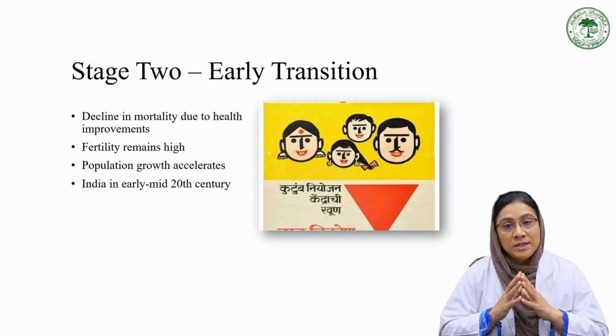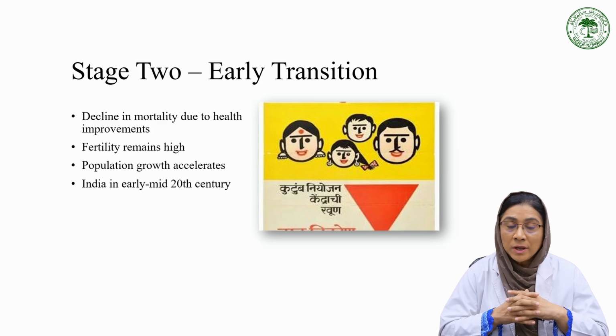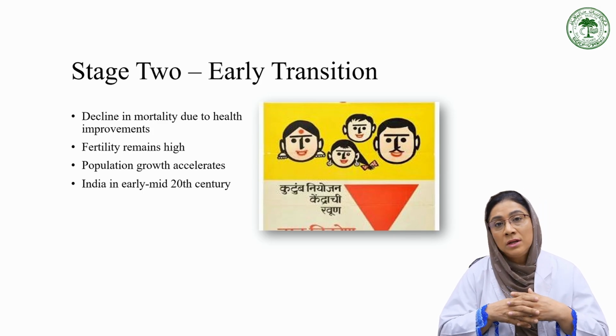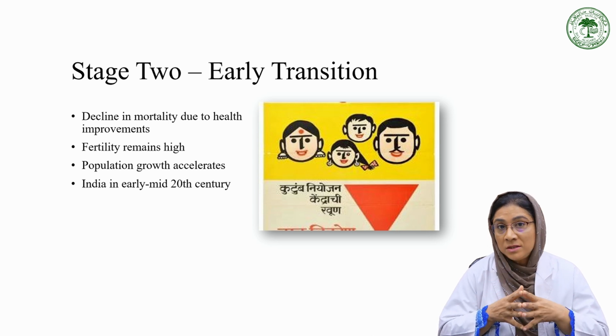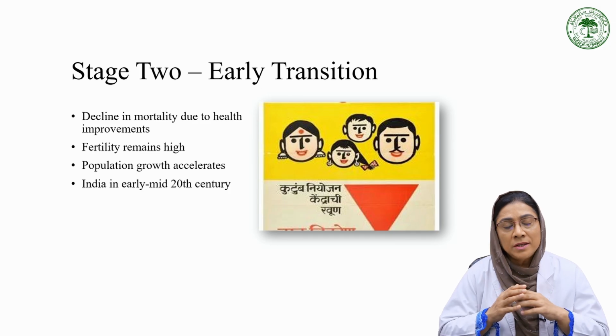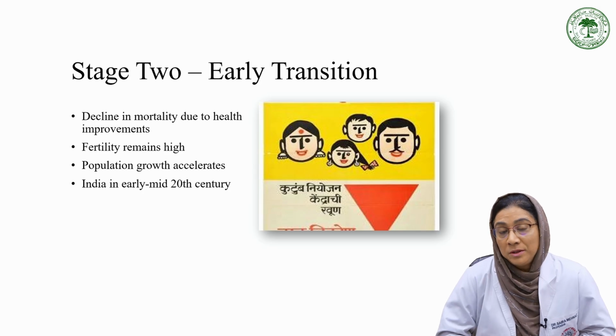Stage 2 is characterized by swift mortality decline driven by clean water, sanitation, vector control, antibiotics, and organized immunization measures, where fertility stays high because marriage patterns, desired family size, and limited contraception change more slowly.